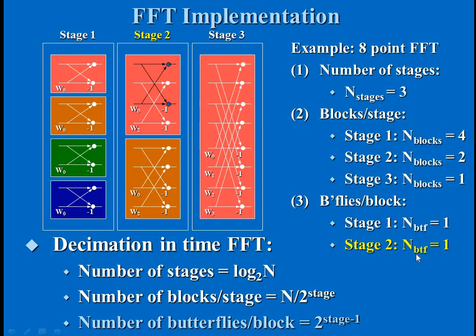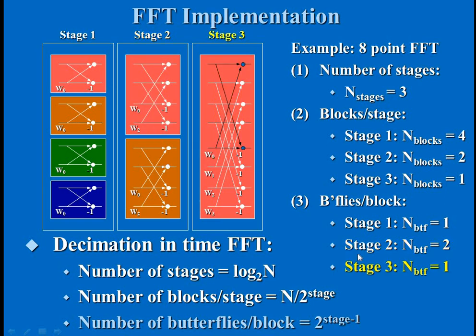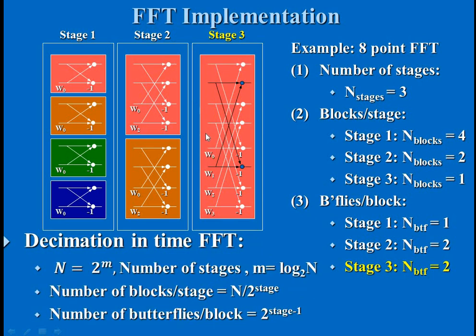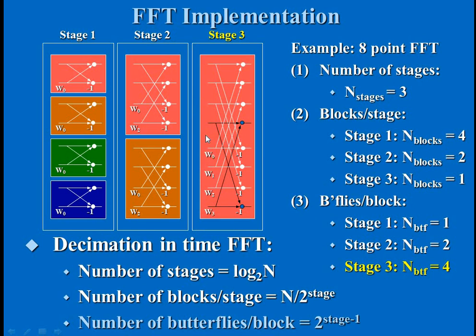So we have to use 4 butterflies in stage 2 also. Here we are having 2 blocks, so we are going to divide the total number of butterflies by 2. So for each block we require 2 butterflies. In the last stage we are having only 1 block, so the number of butterflies count is 4. So 4 by 1 is 4. So this is butterfly number 1, and this is 2, this is 3, and this is 4.